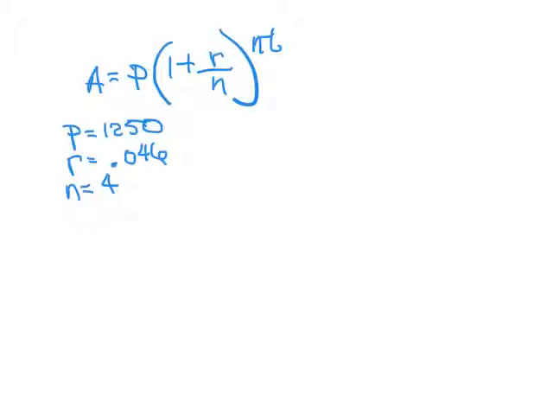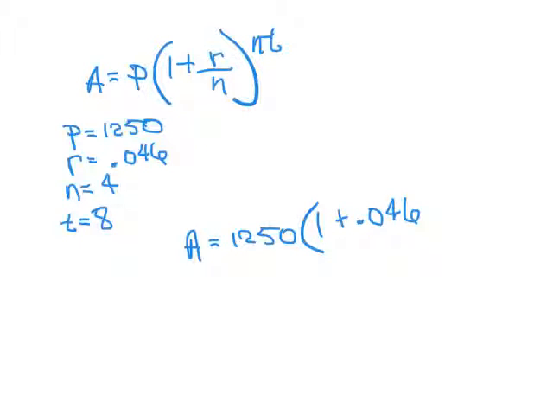And they want to know how much money is in the account at the end of year 8, so in 8 years. So the amount we have is going to be A equals 1250 times 1 plus 0.046 over 4, to the 4 times 8 power.